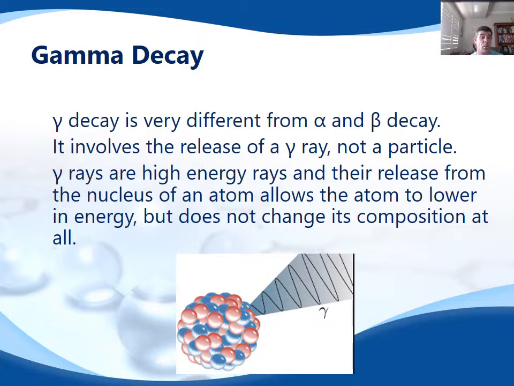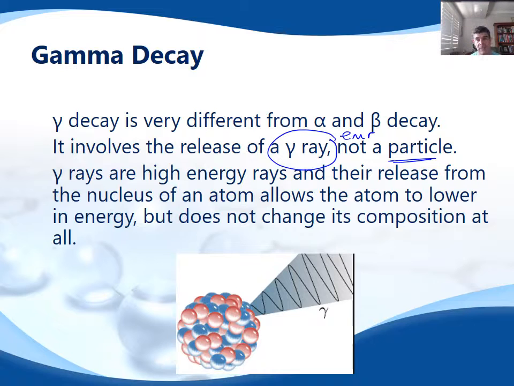Gamma decay is quite different to alpha and beta decay, and that's because gamma is a ray of electromagnetic radiation. It's not a particle. It has no mass, and it has no charge. And as a consequence of that, we get a large amount of energy released from the nucleus of the atom.